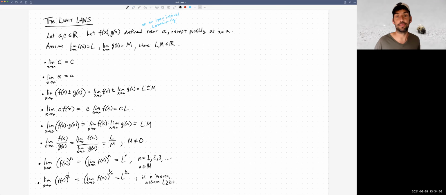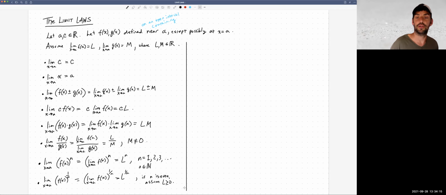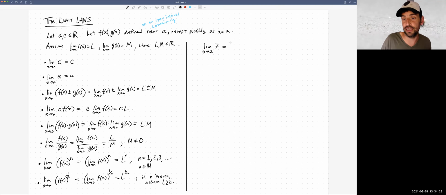Let's do some examples. Okay, let's do a couple of simple examples with those first couple rules. The limit as x goes to 2 of the number 7, right? Making the variable x closer and closer to 2, what does that do to the number 7?